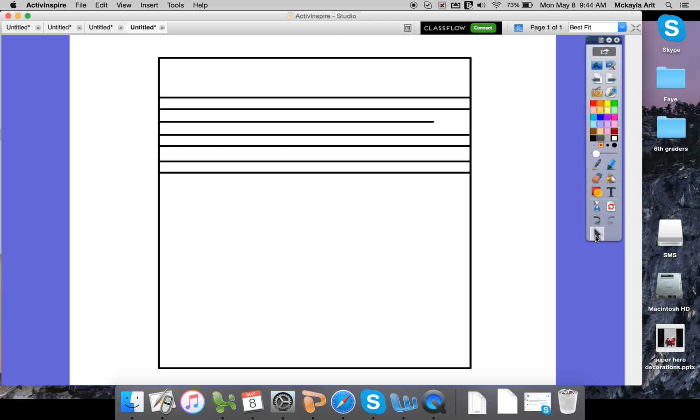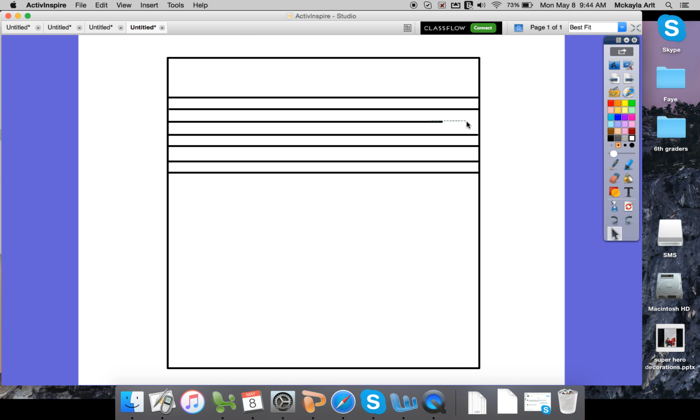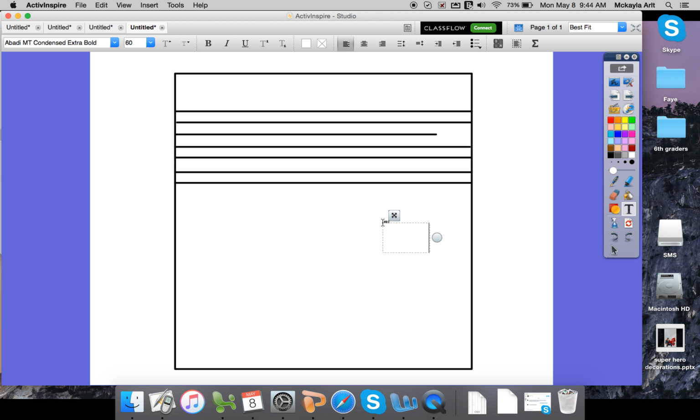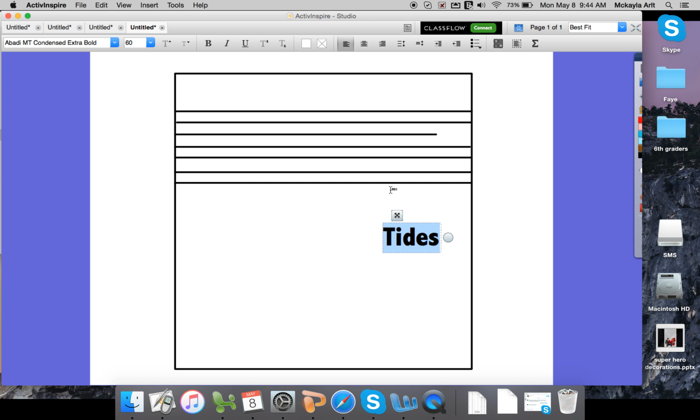Okay, so, wish I could make that a little longer. That's right. So, what you're going to do at the top of your new sheet of paper is you're going to write your title, which is Tides.